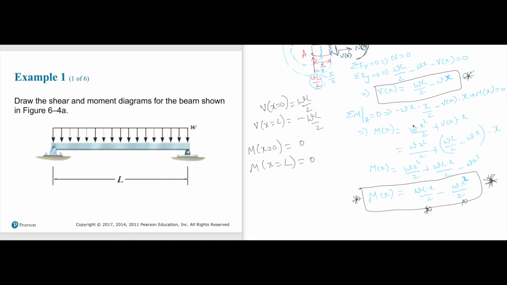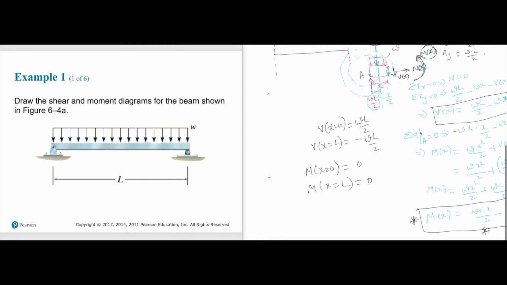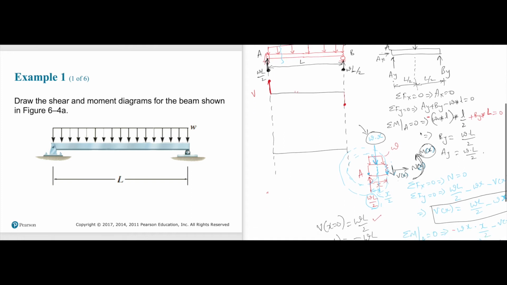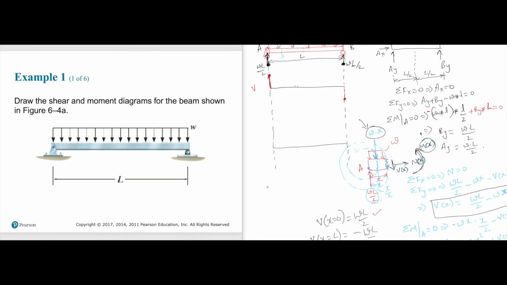And if you look at the shear, how does the equation of shear look like? It looks like a line equation. That means if we were to draw the shear force diagram, at x equal to 0, the value of shear is WL over 2, so positive. So I'm going to write this.